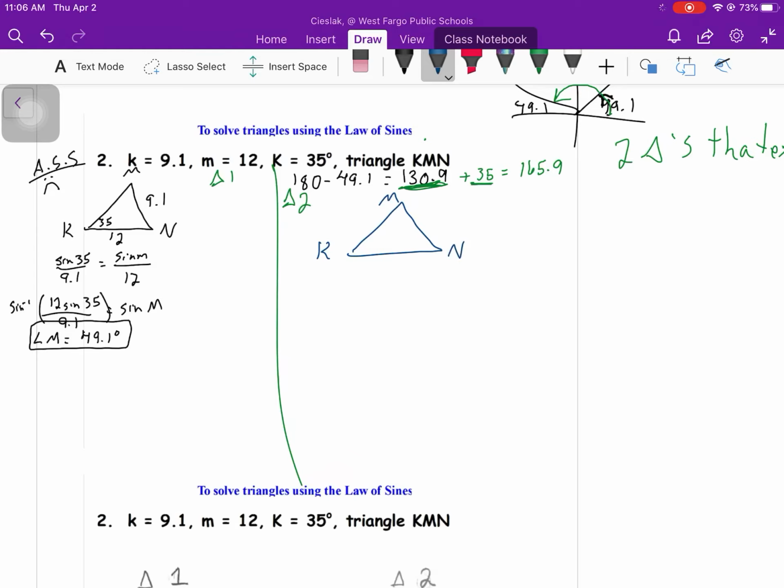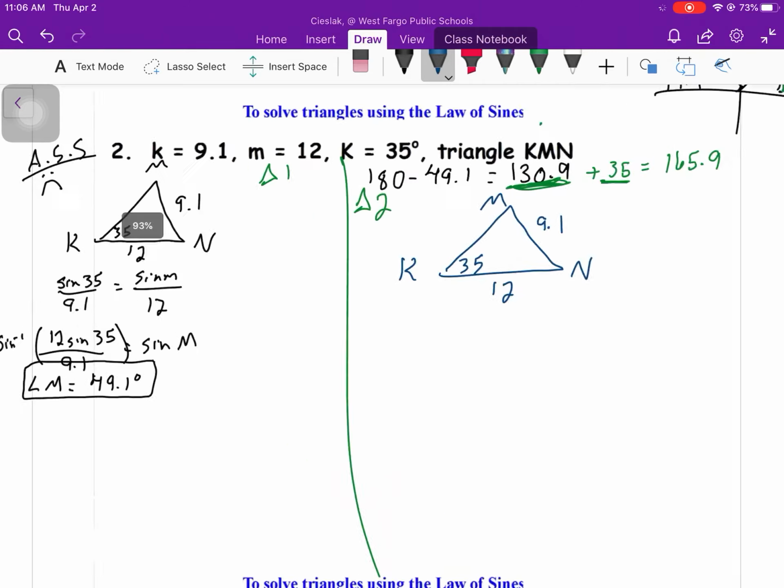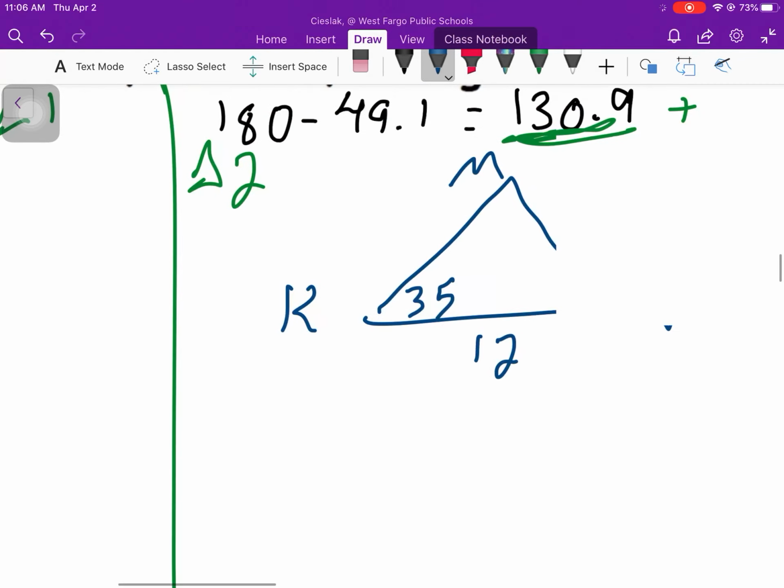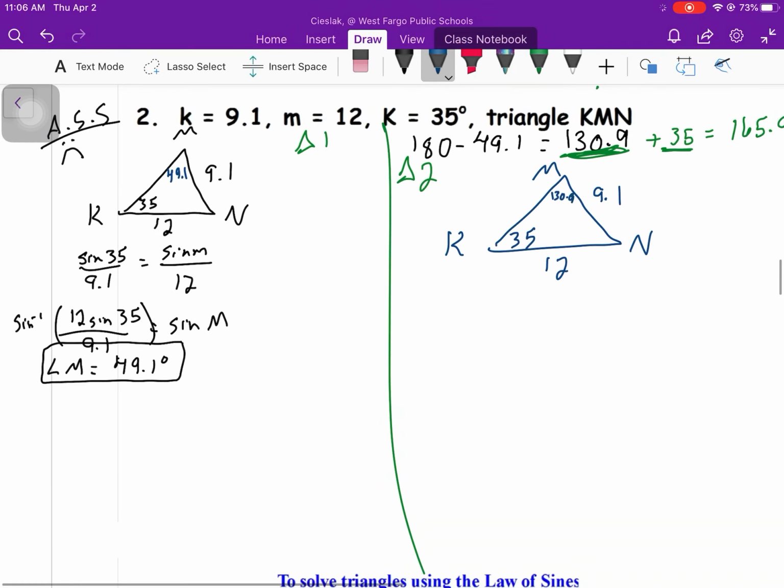So I'm going to go K, M, N. The given information does not change. This is going to be 35. M was 12, and then this was 9.1. Now, what we found here in the first one, angle M, was 49.1. Here we said it is possible that you could have a 130.9.